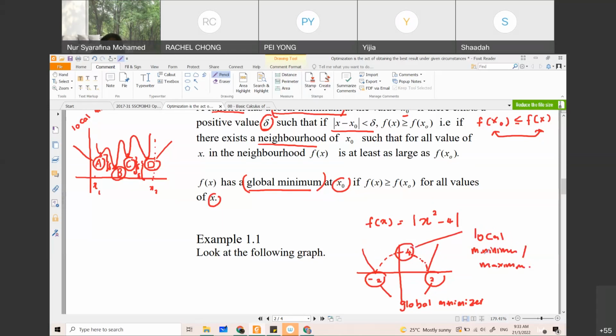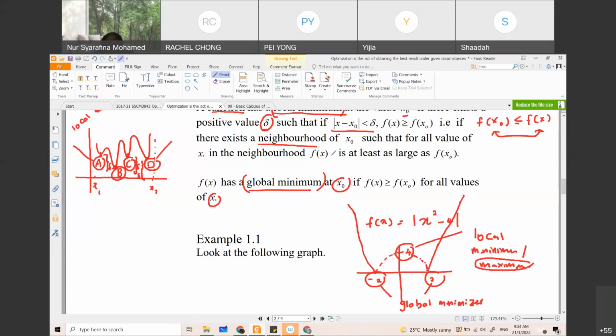But for this graph, is it minimum or maximum? Is there any maximum point along the function? No. Then it is a local maximum, because we don't know at which point this line stops.